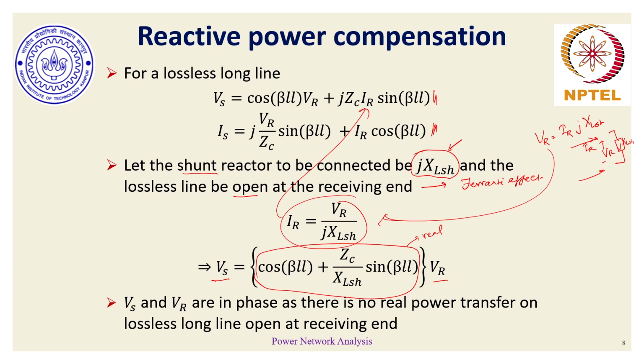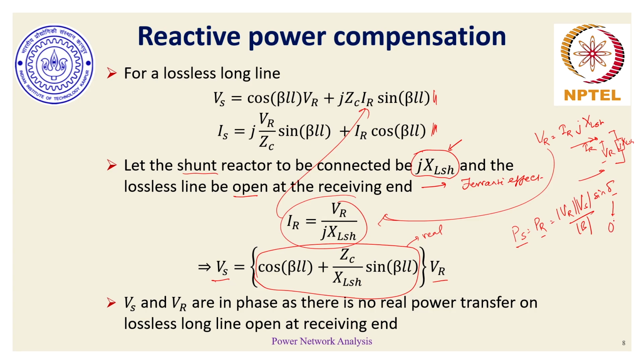The reason for this perfect phase is that it's a lossless line. There is no need of real power at the receiving end. So there is no need of real power flow in the lossless line. Remember, for lossless line, PS and PR were equal to VR Vs sin delta by B. Since the load is purely inductive, which is there to minimize the effect of the Ferranti effect, the real power flow need not be there.